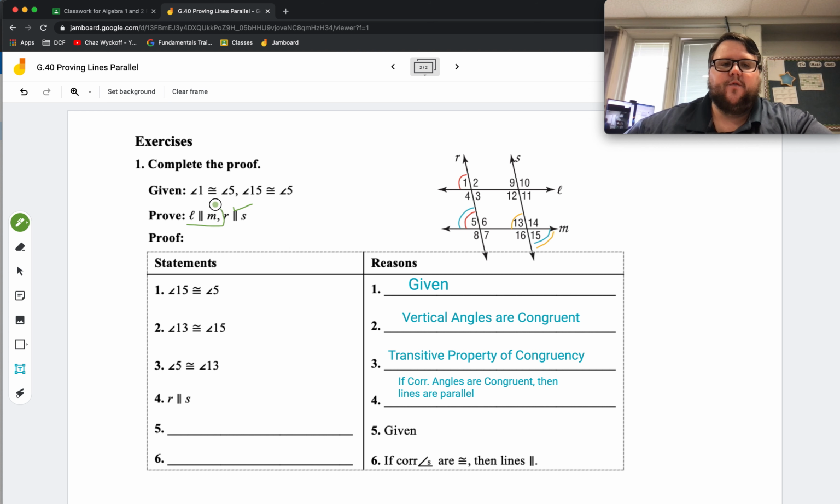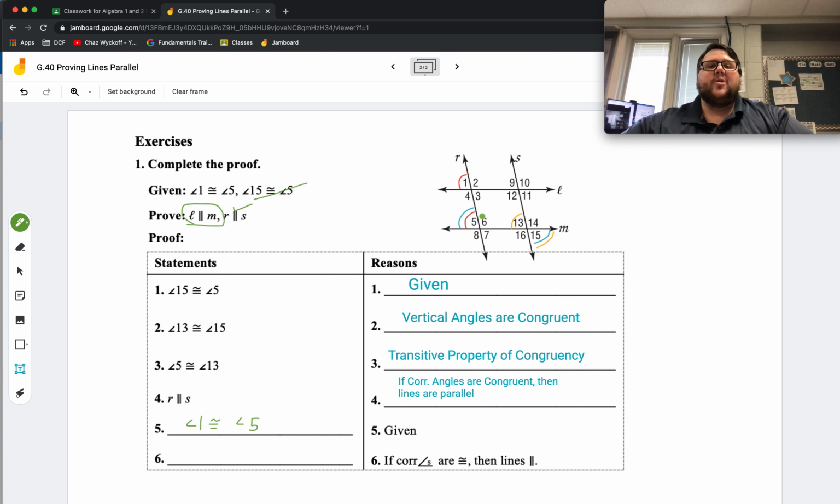Now we're trying to prove L is parallel to M. The first thing we notice is that they're telling us the given. One of these things we already put in. So now we're going to put angle 1 is congruent to angle 5, which was given.